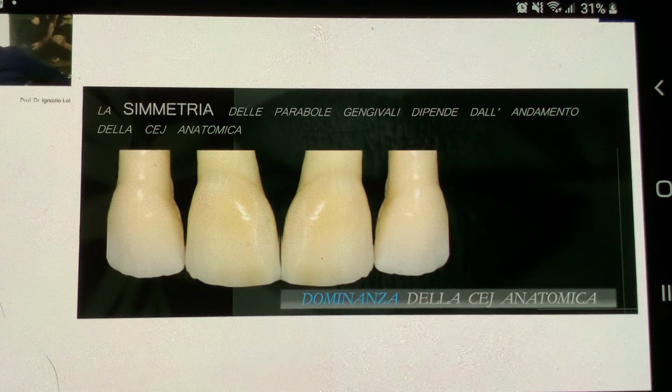Because you know that the gingival shapes depend on the underlying shapes. So the anatomic dominance of the tooth shape is that dominance that shapes the upper lying tissues.